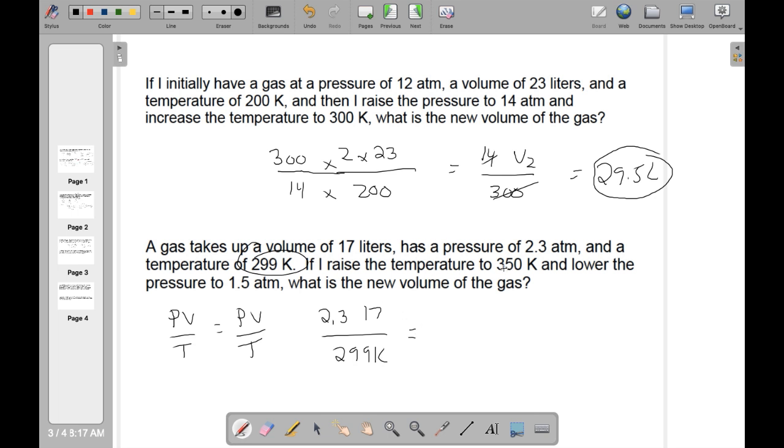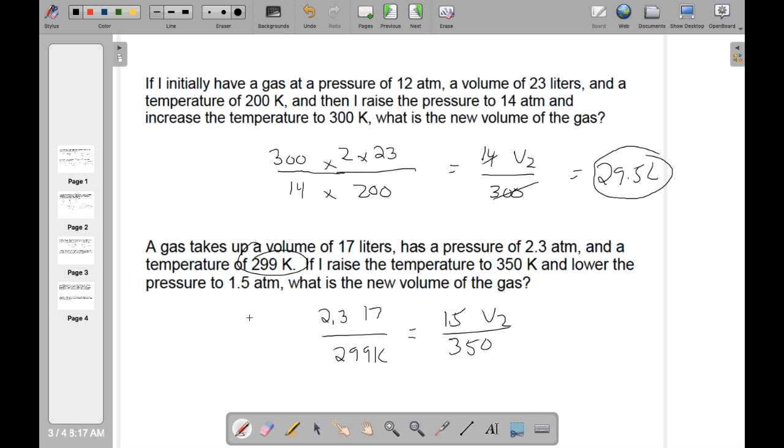If I raise the temperature to 350 Kelvin and lower the pressure to 1.5, and my units match up, atmospheres to atmospheres, what is the new volume? So this one is just the same as this one in terms of rearranging it.